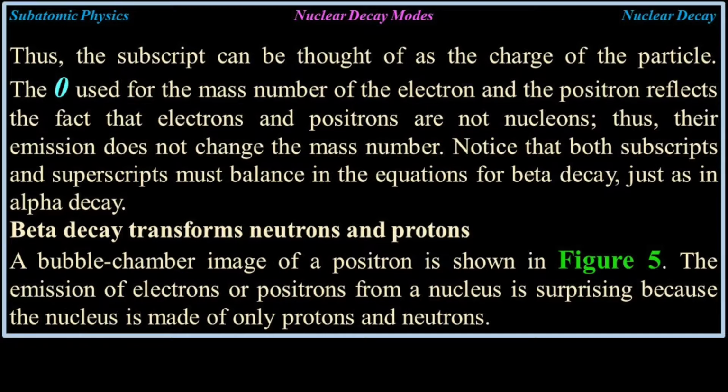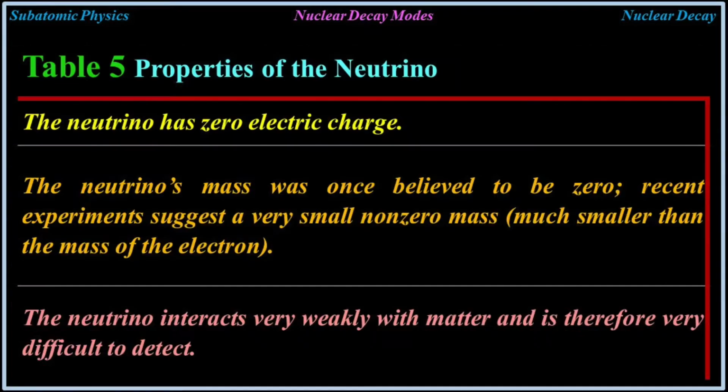The emission of electrons or positrons from a nucleus is surprising because the nucleus is made of only protons and neutrons. Table 5, properties of the neutrino.